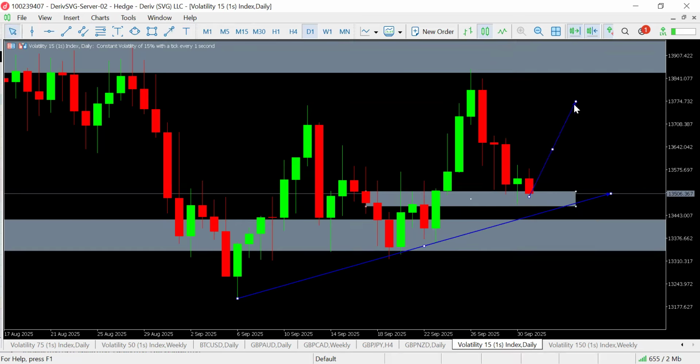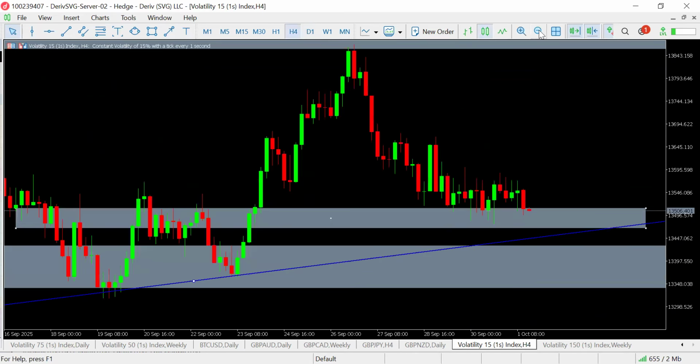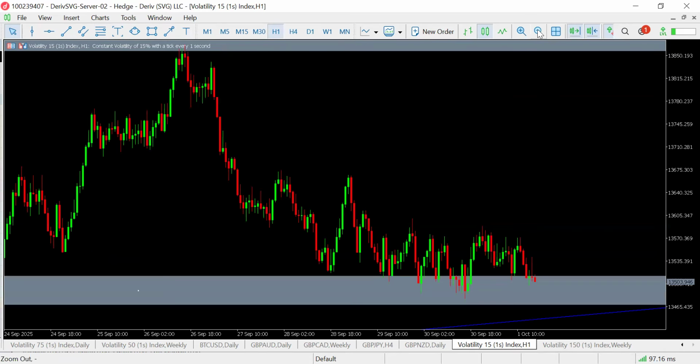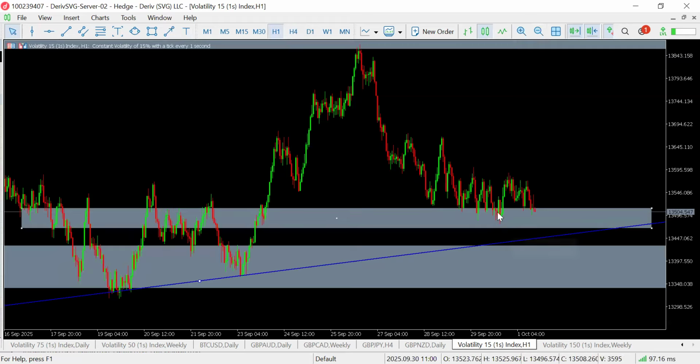However, to take advantage of this setup, all we need to do is go to the much lower time frames like the 4 hour time frame, and start looking for the presence of buyers by way of what? More green candles. So this is the daily time frame. This is the 4 hour time frame. I can go further to the 1 hour time frame, so I can start looking for entry models.